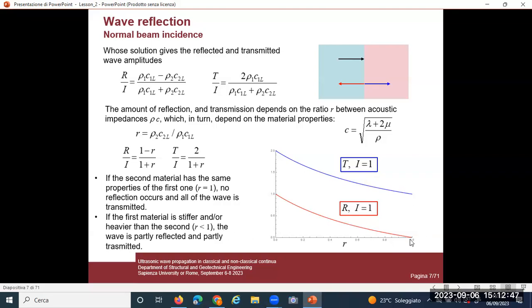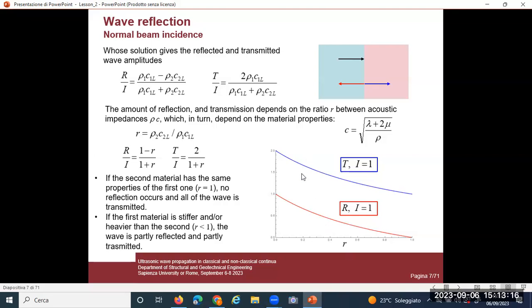When we have values of this ratio which are smaller than 1, this means that the first material is large with respect to that. So the first material is much stiffer, which means that the propagation velocity is larger, or heavier than the second.